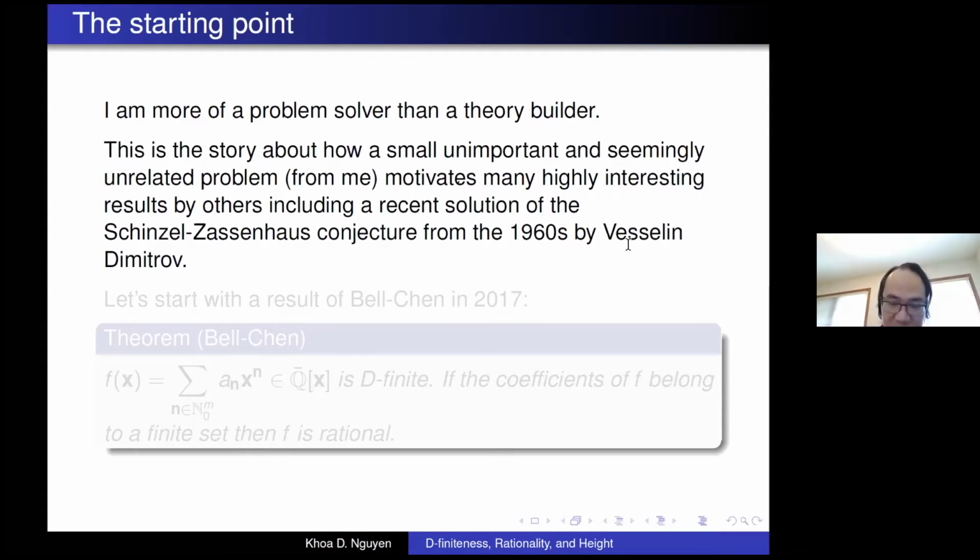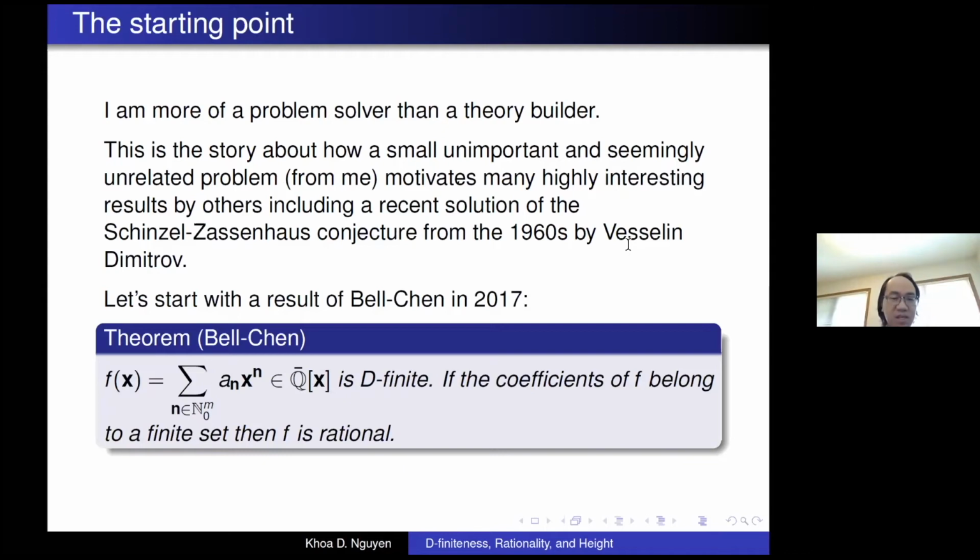So here's the result. You have a D-finite power series in m variables. To be fair, in their result they don't just consider algebraic coefficients; they replace this by k, where k is any field of characteristic 0.